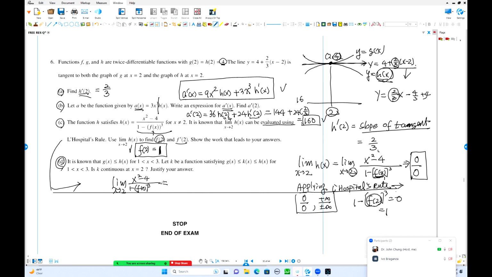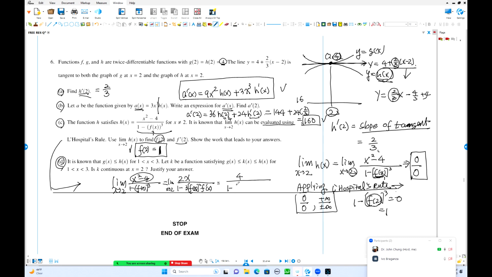You apply L'Hopital's rule, take the derivative of the top, 2x. Still there's a limit, okay? Denominator, what is that? 1 minus 3 times f of x squared, right? And inside we multiply by f prime of x, isn't it? Now put this number 2 there. The numerator is not 0 anymore, okay? So this is a 4 here.